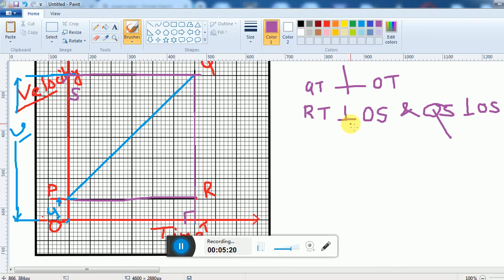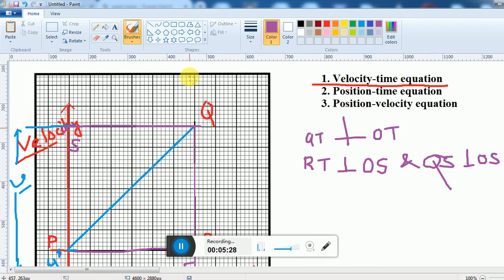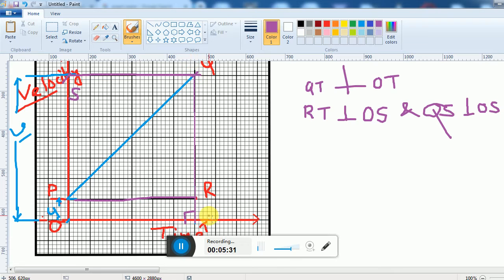From the graph, you have to find out which one is u and which one is v. QT, from here to here, the entire thing, is equal to v.